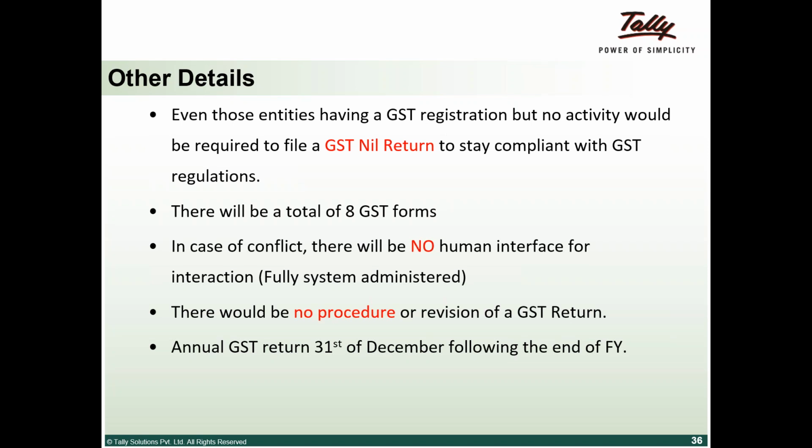So if both of us have signed off on an invoice, telling that I've supplied something to Shiv and Shiv has accepted it, that transaction is complete. There cannot be any human interface into it, saying that what we uploaded is for 1,000 rupees, but actually it was only for 100 rupees.